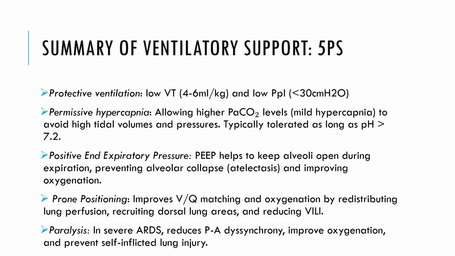And usually when I'm forced to do that, I don't do it more than 24, 48 hours, because prolonged use of muscle relaxant will leave your patient ventilator dependent, and you can have critical illness polyneuropathy in this group of patients. So the 5 P's of ventilatory support are: protective ventilation, permissive hypercapnia, application of PEEP, pronate, and muscle paralysis.